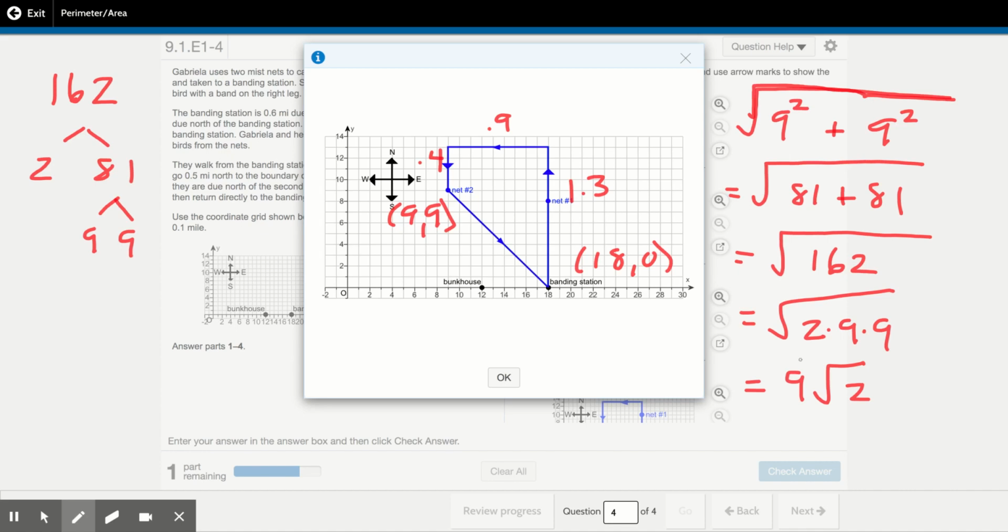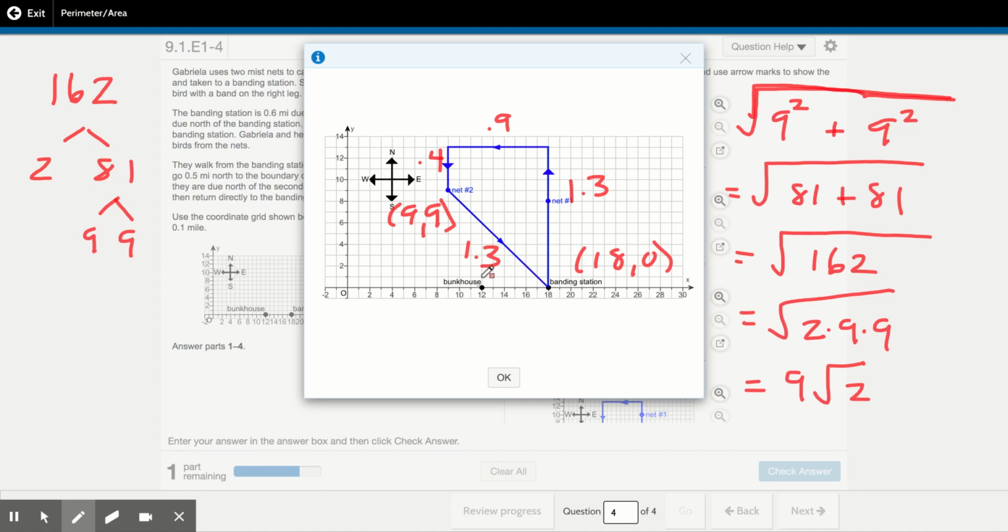So if we take the square root of 162, we need a decimal, and that decimal will end up being 12.7, right? However, we know it has to be 1.3 because each square is 0.1, not 1. We did get 12.7 when we took the square root of 162, however, each unit is 0.1, not 1.